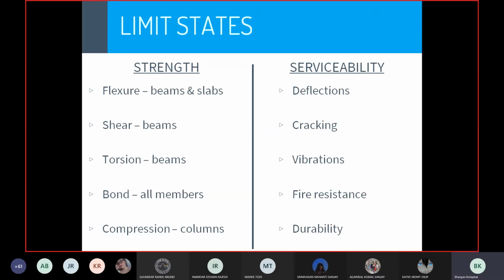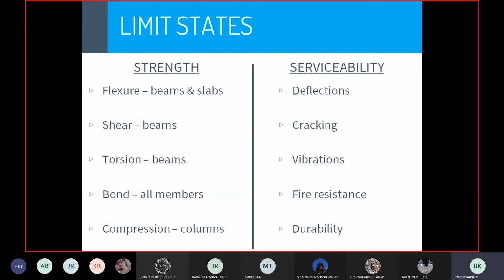Another limit state of strength is torsion, which is again significant in beams. The next one is bond, which has to be adequate in all the members. And the last one is compression, which nominally governs in columns. So through various design elements like beams, slabs, columns, and footings, we are going to look at each of these limit states of strength.